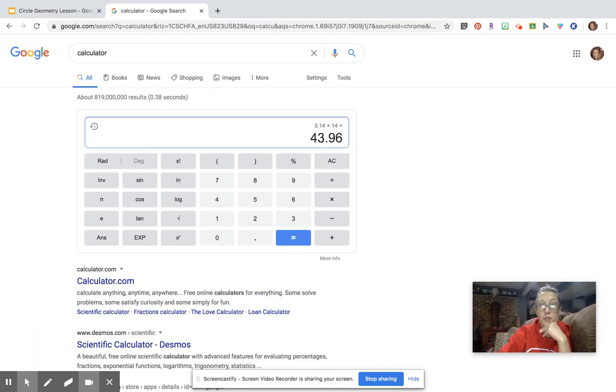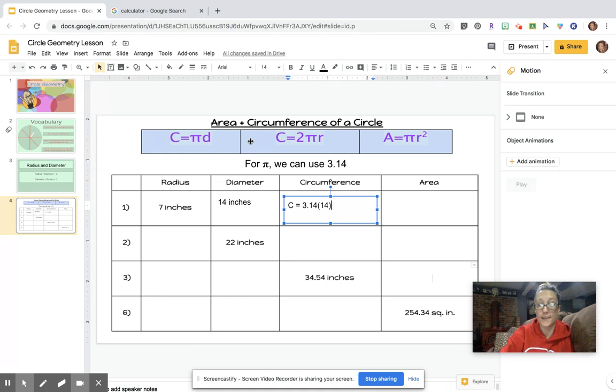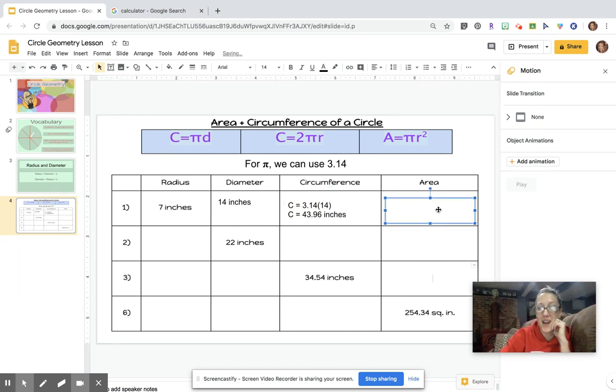And that gives me 43.96. So I now know my circumference is equal to 43.96. Okay? And that would be inches squared, right? Or I'm sorry, squared inches. Sorry.